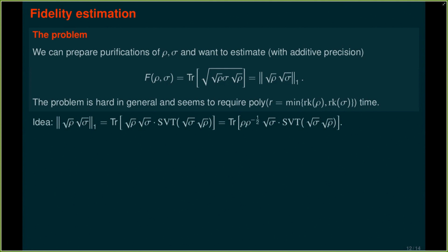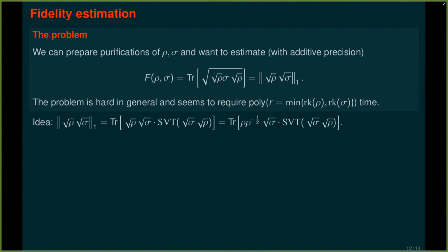And here the idea is to use the latter definition of the fidelity, that it's just the trace norm, the Schatten one norm, of square root rho, square root sigma. And you can state that as the trace of square root rho square root sigma times this singular value transformation of square root sigma square root rho.